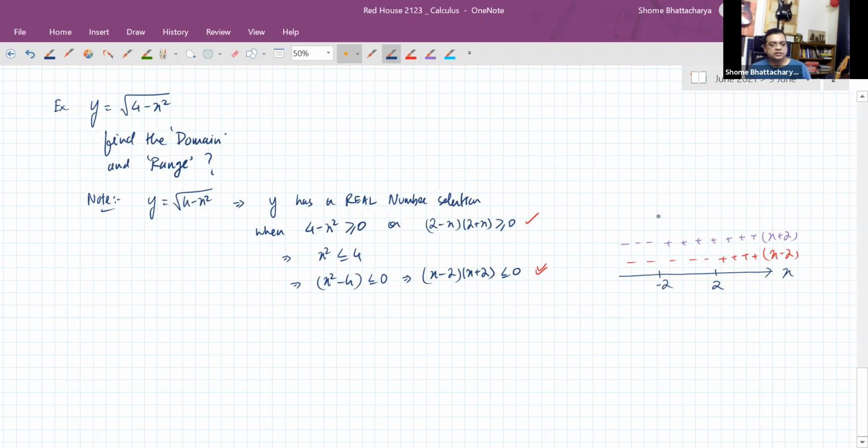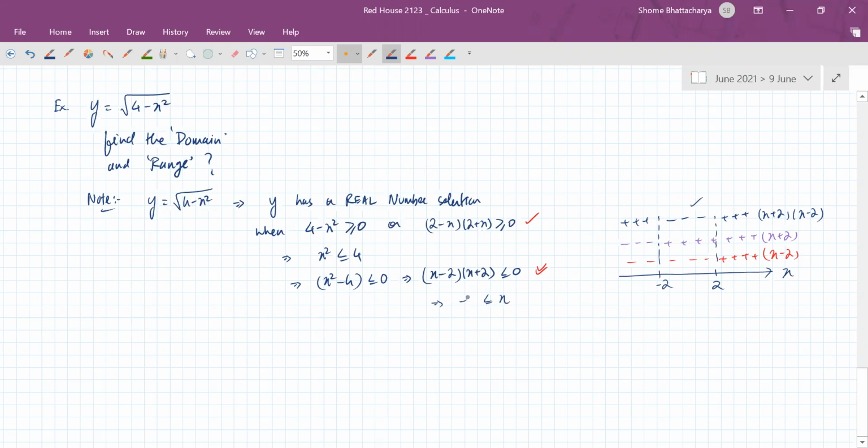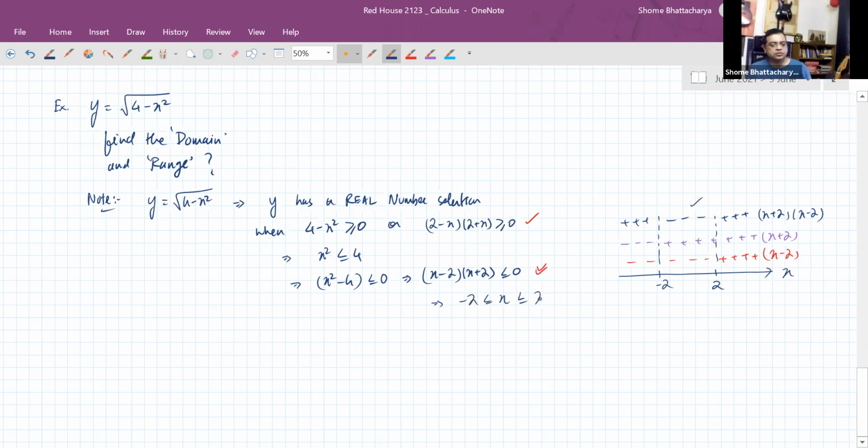So now I can see that the product of these two things is positive in this region, negative in this region, positive in this region. This is the thing that I'm looking for. So this implies that x is greater than equal to minus 2, less than equal to 2.